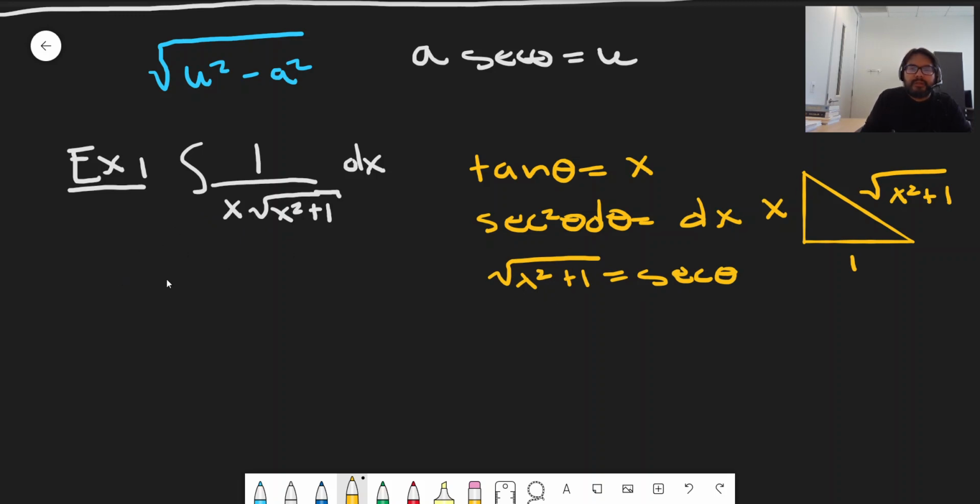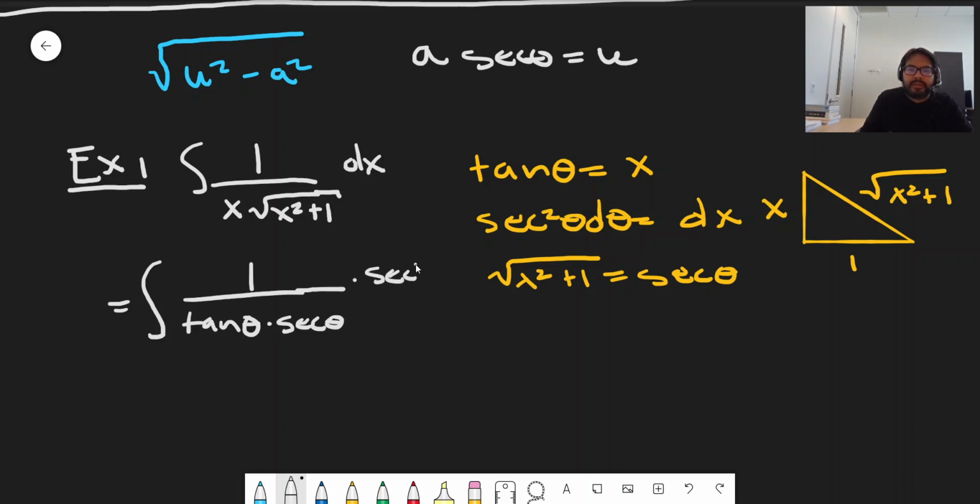Now notice that when you substitute into the integral, you're going to get 1 divided by tangent of theta, but we multiply this by secant theta, but notice that the dx is secant squared theta d theta.